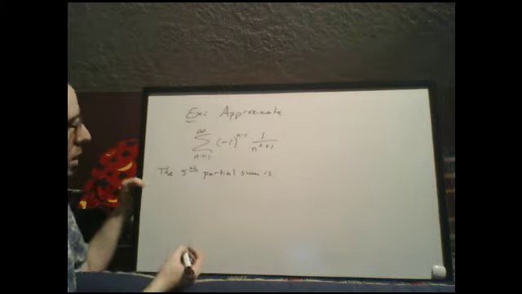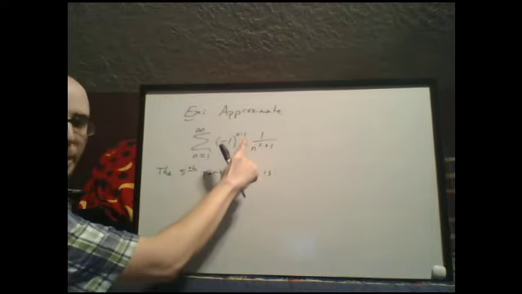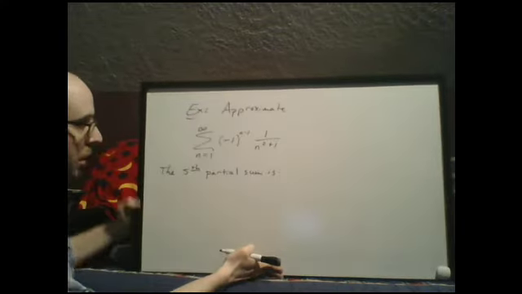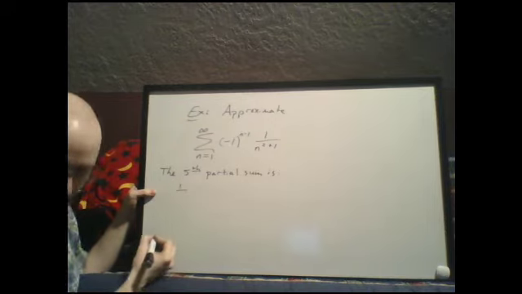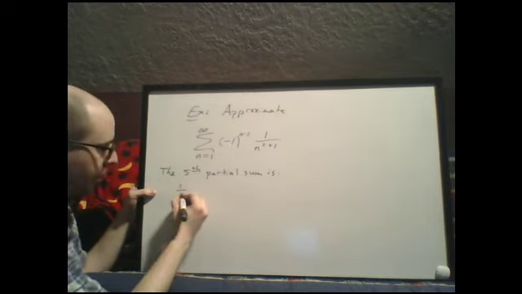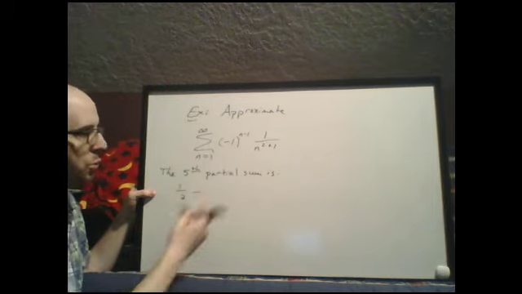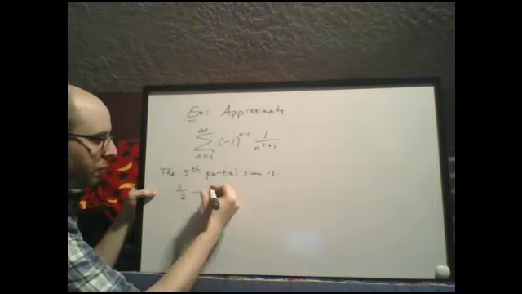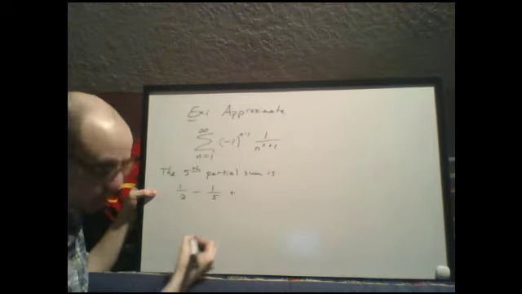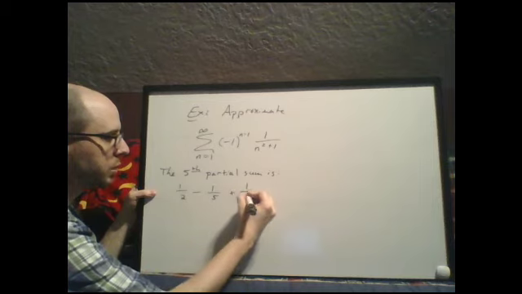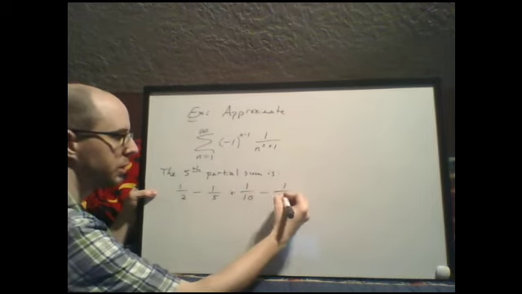So let's see. When I plug in an odd number here, I get an even power, so my odd terms will be positive. So my first term will be 1 over 1 squared plus 1, so that's 1/2. My second term I'll be subtracting. So when n is 2, I have 1 over 5, plus when n is 3, I'll have 1 over 10, minus when n is 4, I'll have 1 over 17.